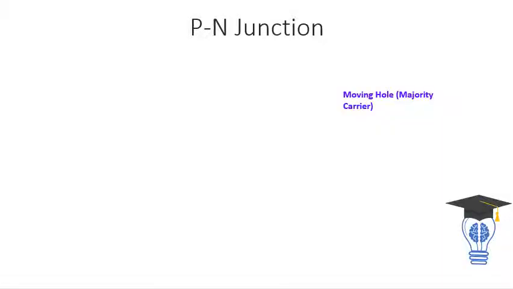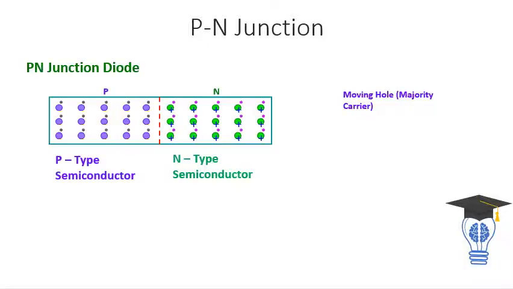As we have seen in the previous video, doping creates either a p-type material or an n-type material. P-type material is created by doping a trivalent impurity into silicon or germanium, and n-type material is prepared by doping a pentavalent impurity into silicon or germanium.